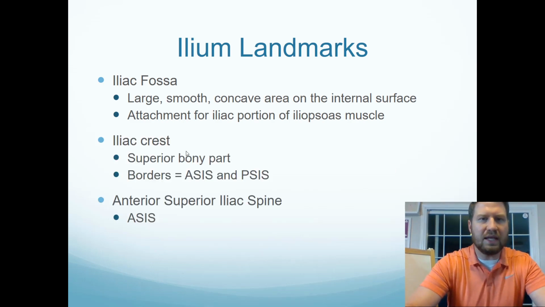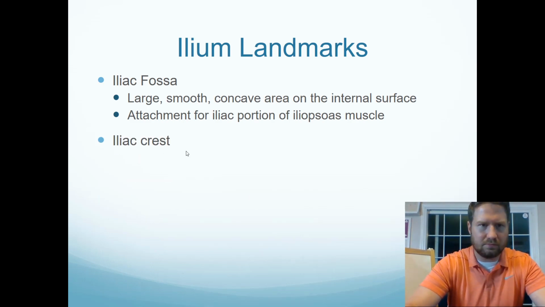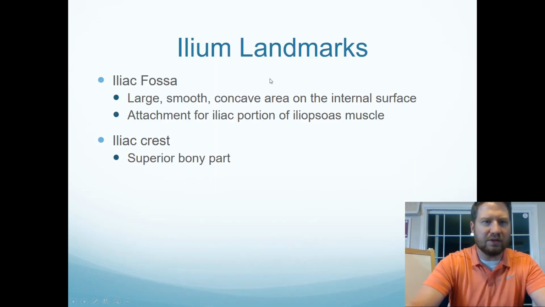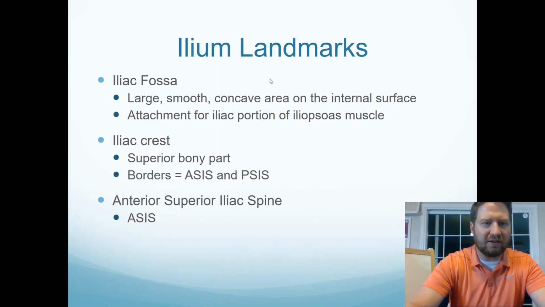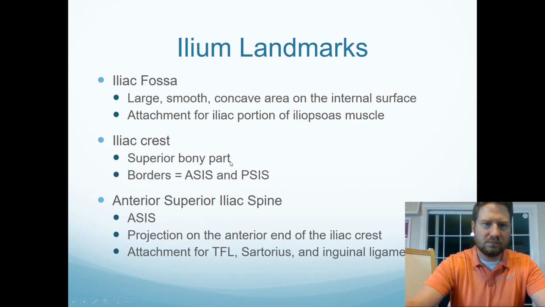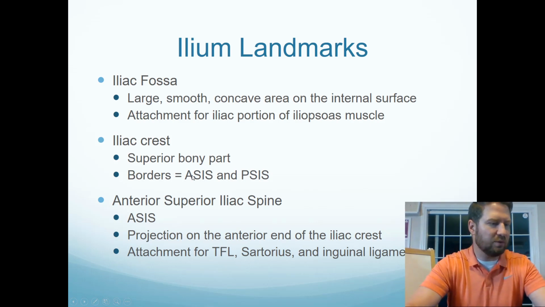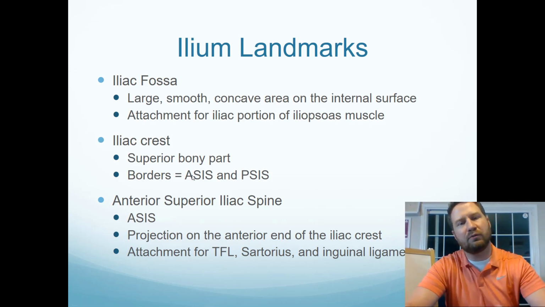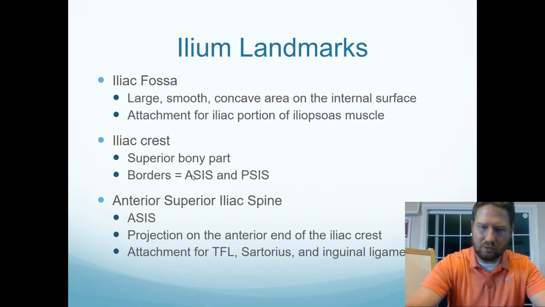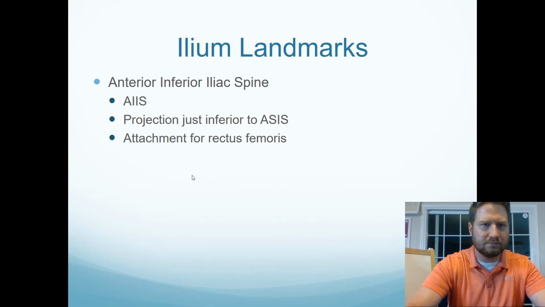So on the ilium, and your ilium is that top bone, we have our iliac fossa, our iliac crest, our ASIS. We went through this last time and also talked about it in lab. I don't believe I need to read through that. If you have questions, please ask during lab or refer back to the last lecture.